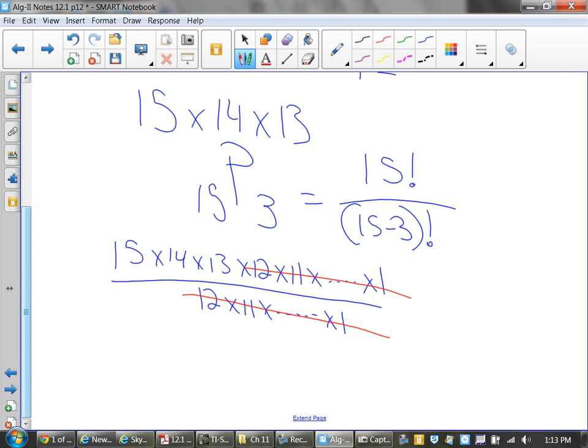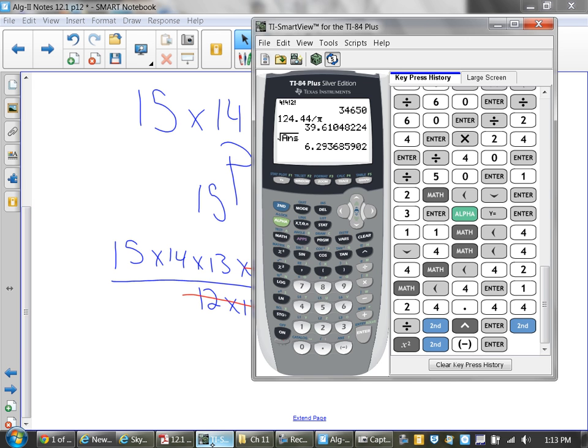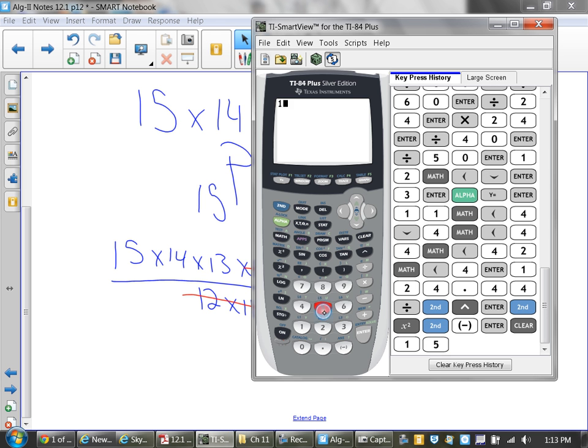Really? Yep. What is it? So 15, now you gotta press a bunch of buttons here, I'm sorry, there's no alpha shortcut. 15, go to math, hit the left arrow, it's number 2.